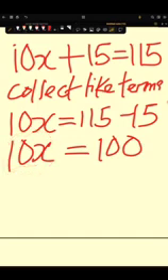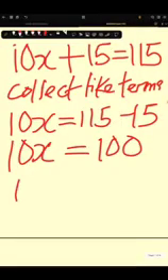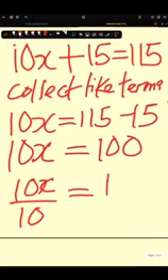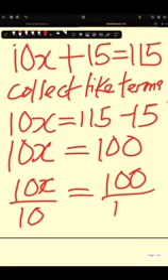So 10x divided by 10 will then be equals to 100 divided by 10.